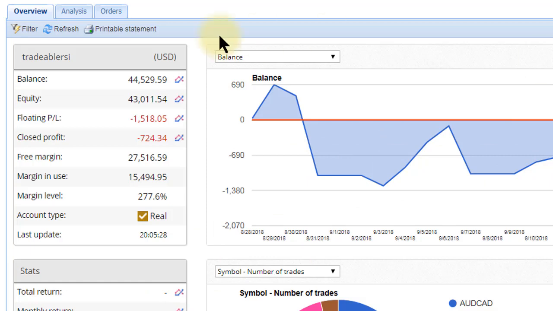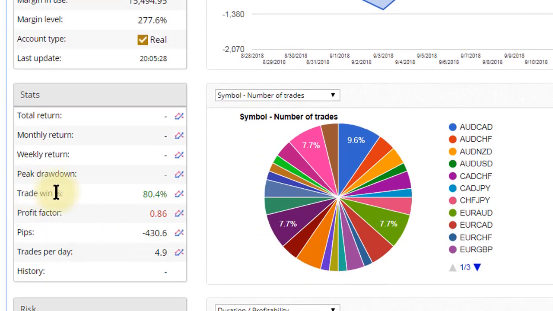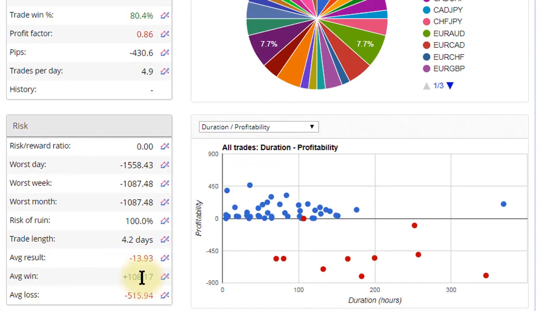But what's good about this, and this is using the tradable RSI EA, what's important again is the trade win ratio was 80%. So I don't have a problem with success rate. My problem lies in the fact that the average wins are a lot lower than the average losses.